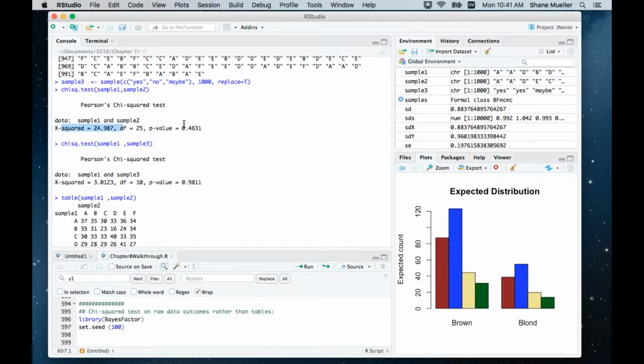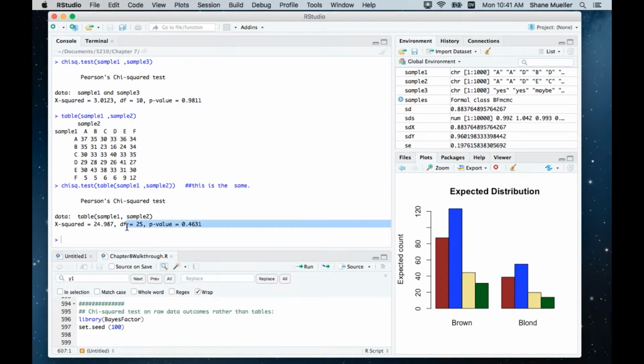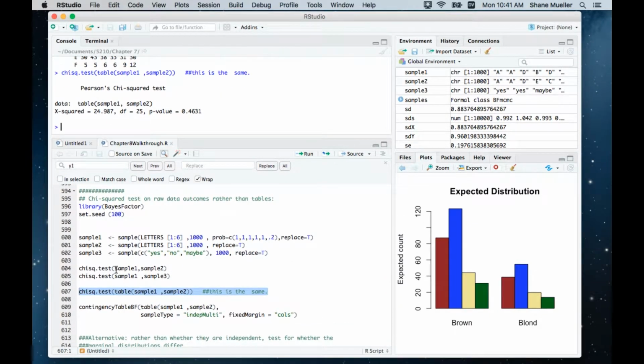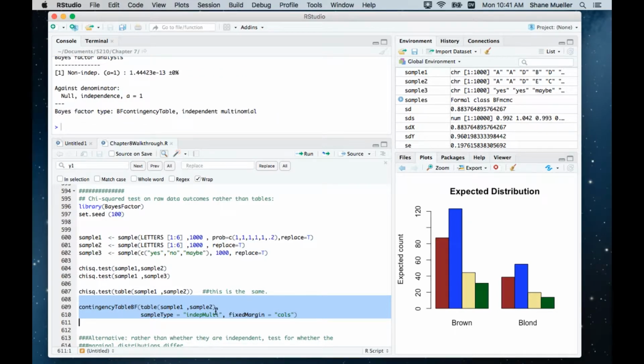So notice chi-squared is 24.987. Here it's 24.987. So when you run the chi-squared test this way, underlying it is building this table and doing the chi-squared test on the table. But I think for the Bayes factor, you have to build that table by hand. I don't think it will take these different arguments.